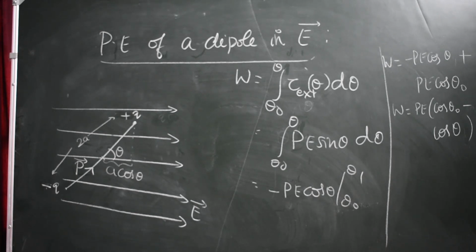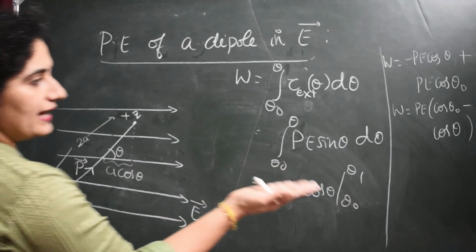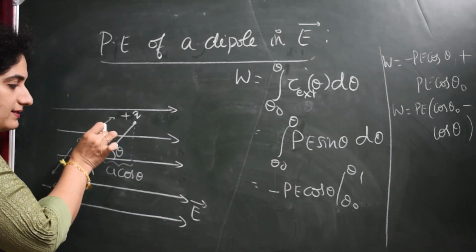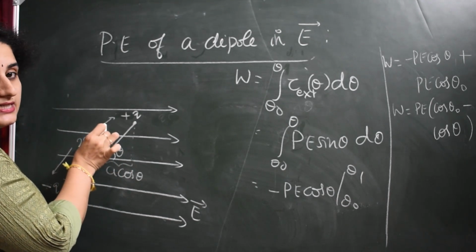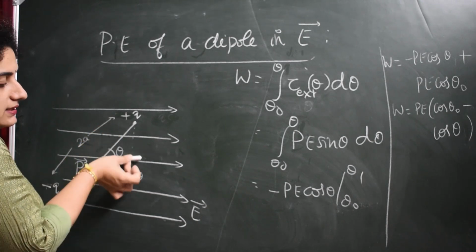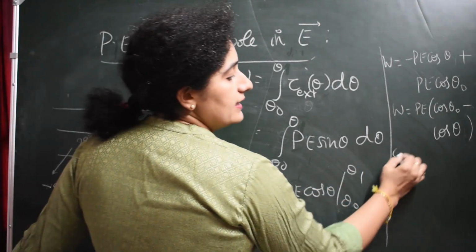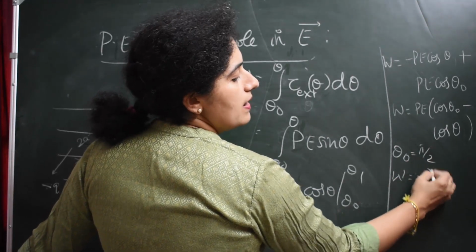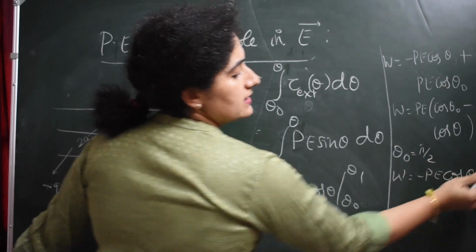So you can take the angle wherever you want. If you want to take the initial one as 90 degrees, that means if you are placing the dipole like this, theta naught is 90 degrees. So cos theta naught will be 0. What do you get if theta naught is equal to pi by 2? You get work done equal to minus PE cos theta.